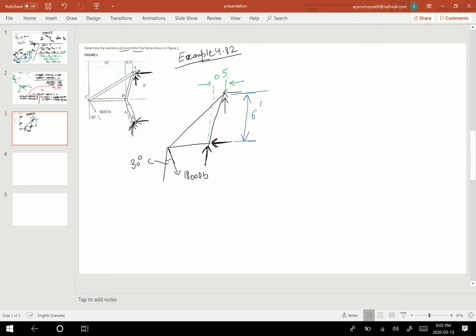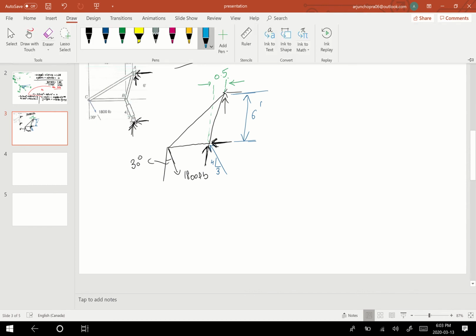This is 6 inches, and this load is acting at a slope of 4/3. This is a slope given to us, and yeah, this is the diagram. Pretty simple. Wherever there are pin joints, I've drawn the reaction loads at that point. That's what I've done, and I'm going to name it as this one.